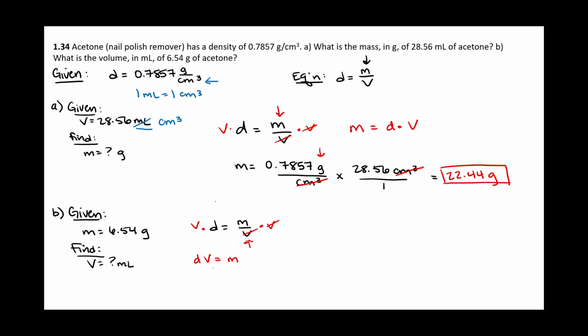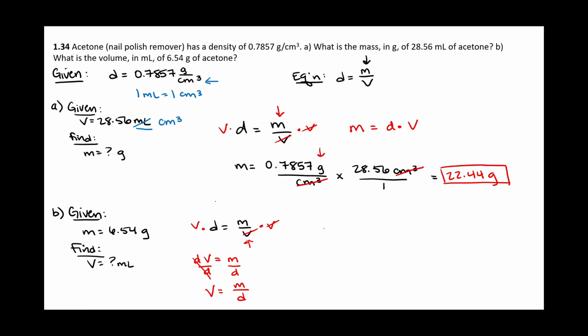So what I'm going to do is I'm going to go ahead and divide both sides by the density, or multiply by 1 over d. This gives me a new equation of volume equals mass divided by density. I can go ahead and use that equation.